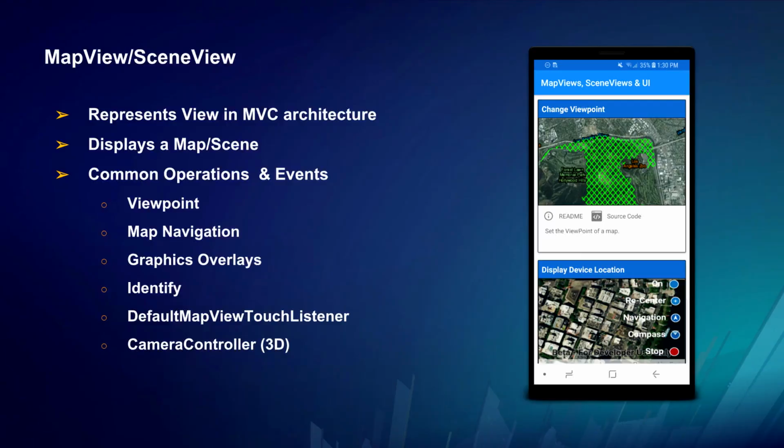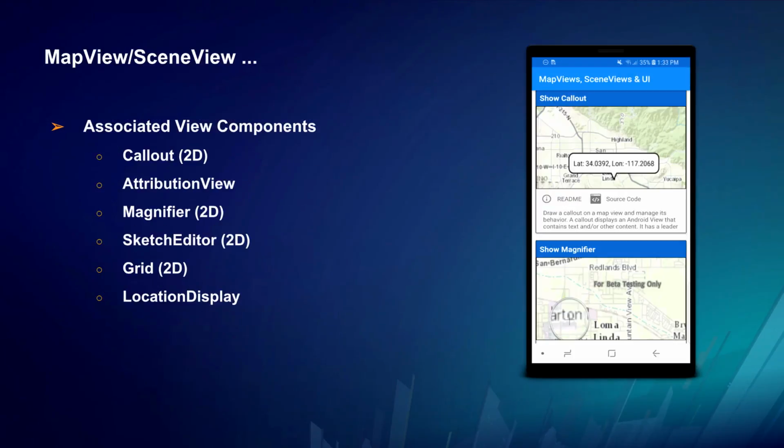Also, you want to have some touch events happening on the map. Just like any other Android view, you want touch events defined on a map view as well. We provide a default map view touch listener, but you can always create your own custom touch listener as well. We also have a camera controller for 3D scene. These are some of the operations on that.